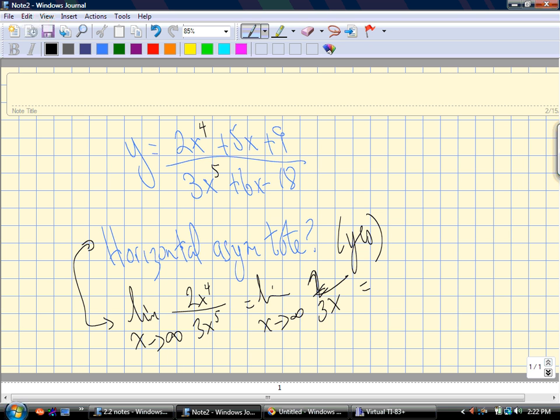Infinity. 2 divided by infinity. So is there a horizontal asymptote? Yes, there is. It's y equals 0. So if the power on the top equals the power on the bottom, then the horizontal asymptote is just the coefficient ratio. If the power on the top is smaller than the power on the bottom, then the horizontal asymptote is 0. That's actually what I do all the time. But if I say, prove it to me, then you have to do this. I need to see that circled part. Okay? Clear? It's not that bad.